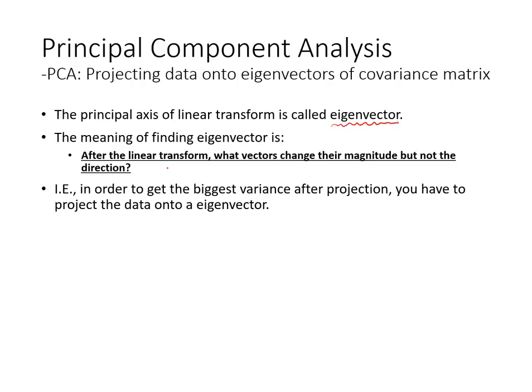The meaning of defining an eigenvector is that after the linear transform, it is a vector that changes its magnitude but not its direction. So this is what the equation says. On this vector, you do some linear transform. Then, if the vector only changed its magnitude, this vector is the eigenvector.